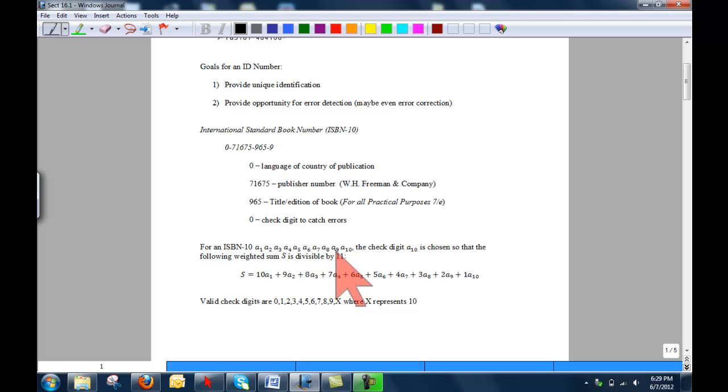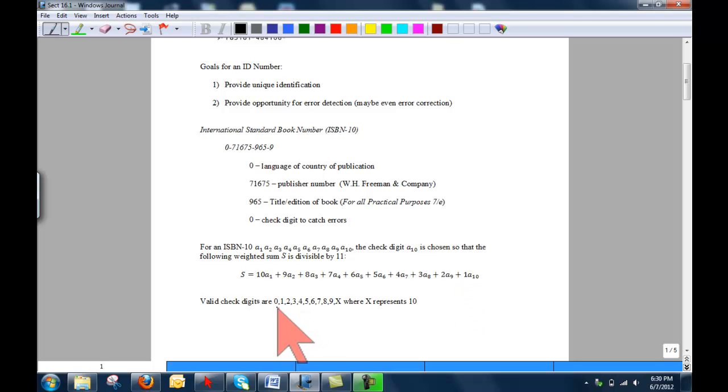And the first 9 digits, A1 through A9, are derived and determined by the information of the book itself, and then the check digit is chosen so that this quantity is divisible by 11. This is a sum. You see various terms being added together, and it's a weighted sum because in front of the A1, A2, A3, and so on, there are various fixed numerical coefficients. Notice the pattern goes 10, 9, 8, 7, 6, 5, 4, 3, 2, 1.